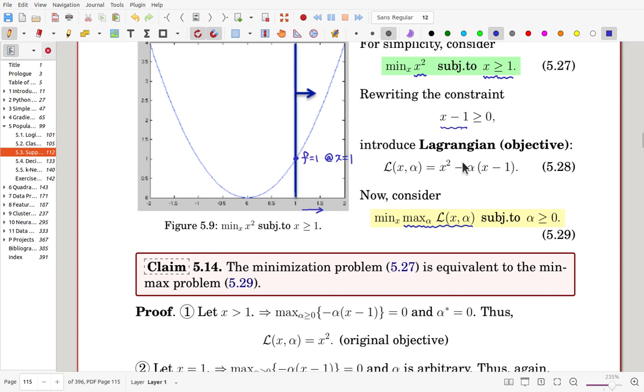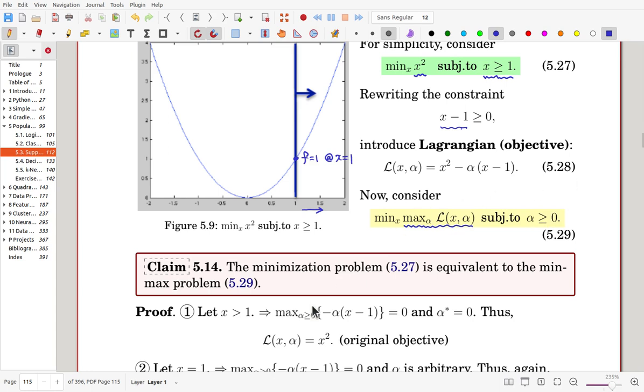Right now, in front of alpha, there is a negative. Later on, we'll see here, we have to choose negative. And you have to choose the sign, positive or negative, appropriately. But here, in this case, the choice is negative. We'll see the reason we are choosing negative here. Okay, so this is the original problem. Now, that is the min-max problem with the Lagrangian, subject to alpha being non-negative.